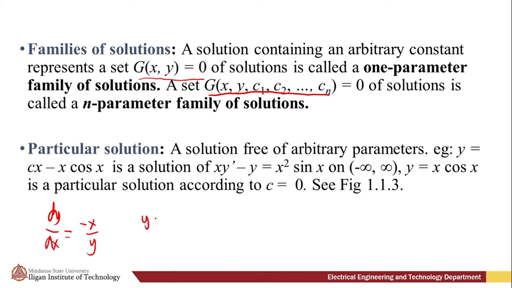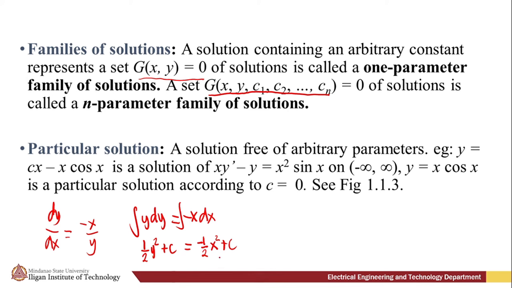We have y dy equals negative x dx. Then we integrate both sides. We have 1/2 y squared plus c equals negative 1/2 x squared plus c.